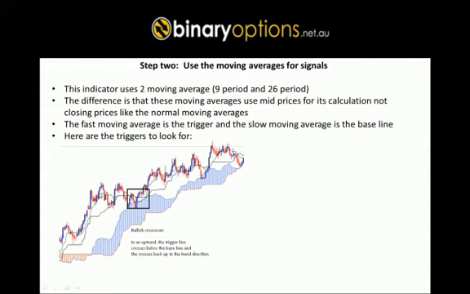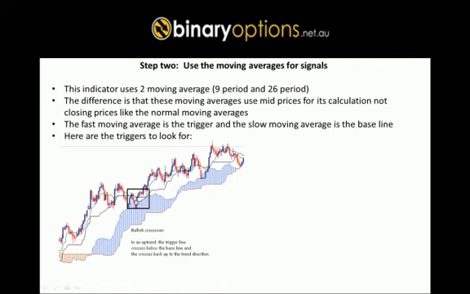This is not a normal crossover. A normal crossover is just when the slow moving average crosses above or below the fast moving average. When you are trading with the Ichimoku Cloud, you need to wait for the fast moving average to cross below and then move above to follow the main trend. This is in an uptrend.